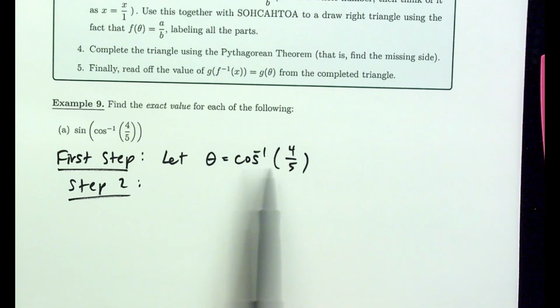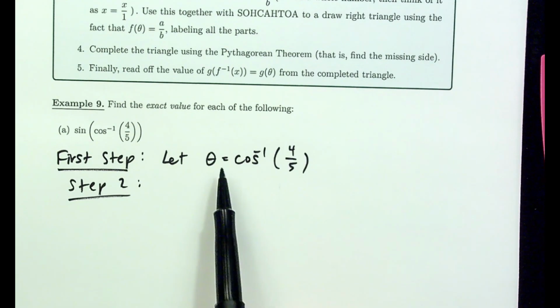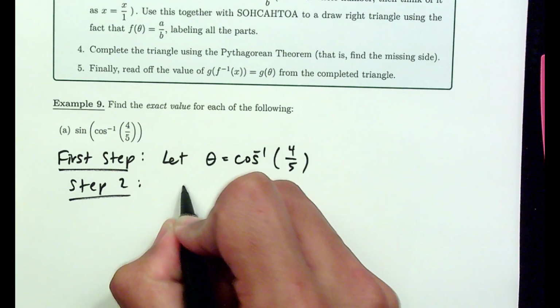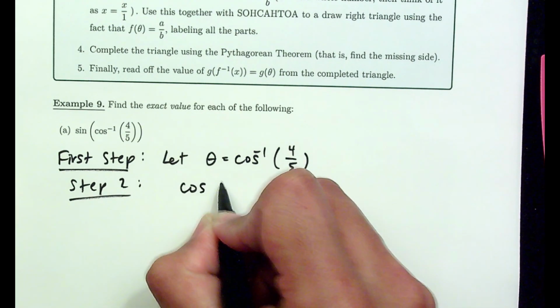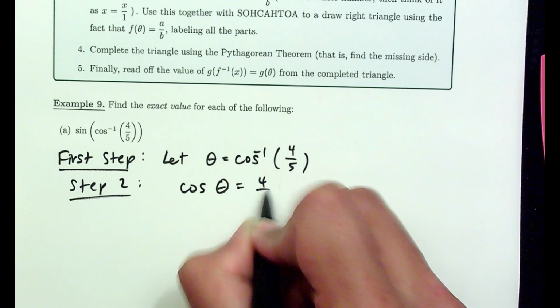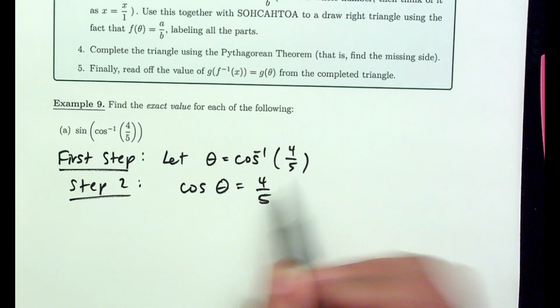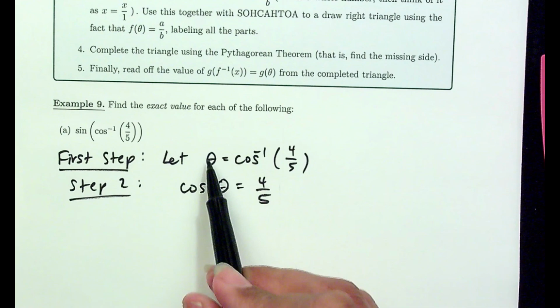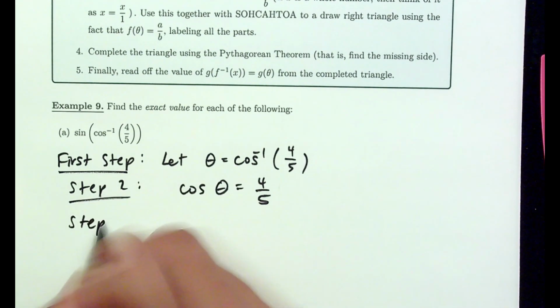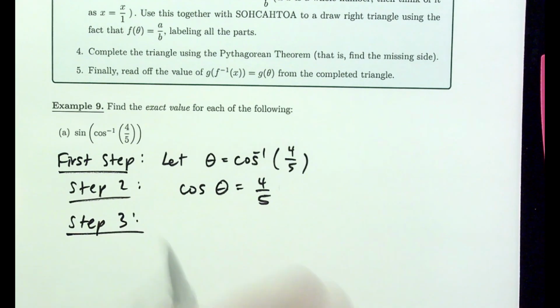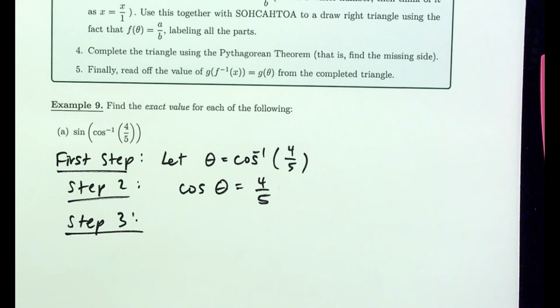So that means I want to use a regular cosine, not cosine inverse. Using regular cosines, this becomes cosine of theta equals 4/5. Because the input becomes the output becomes the input. That's it, step 2. Rewrite without using inverse functions.